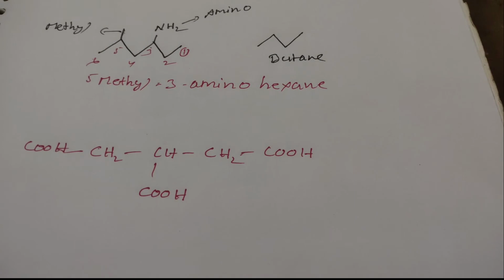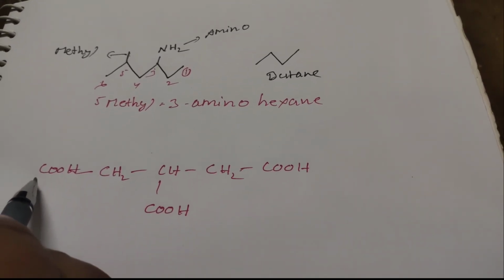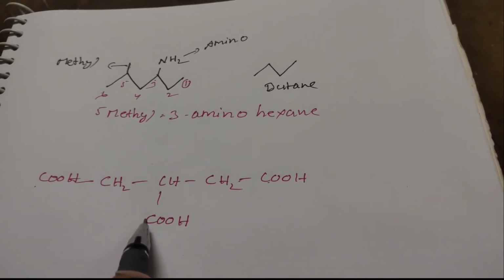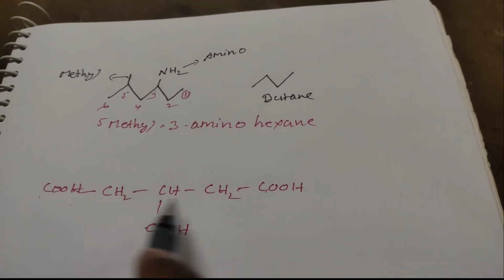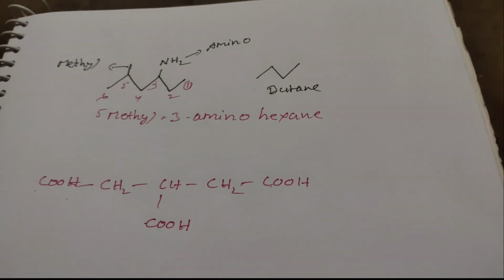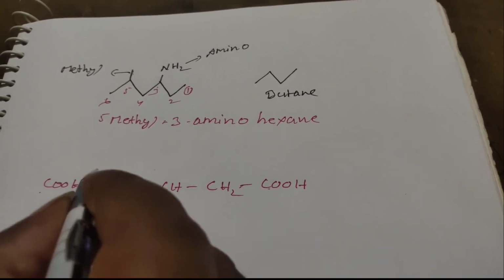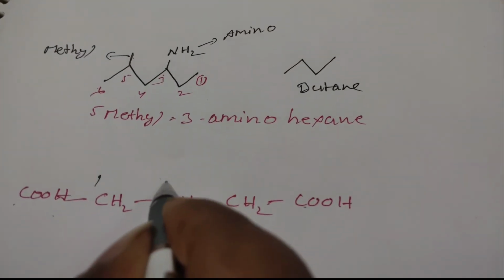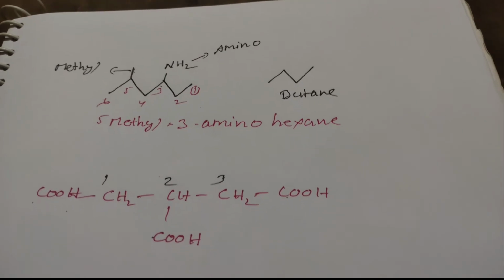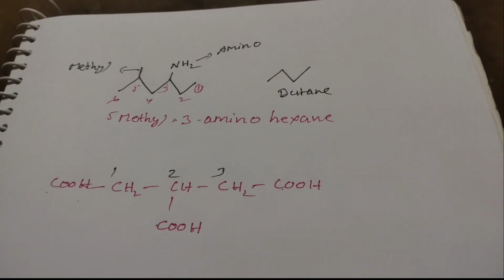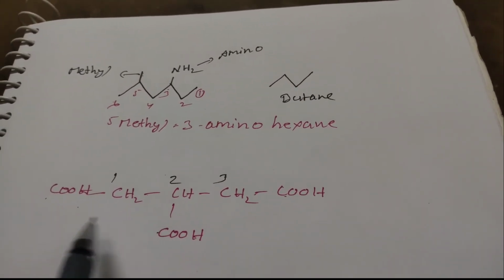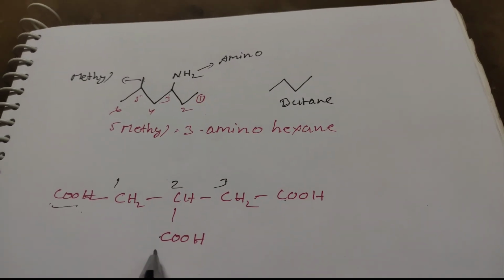Here also they have the carbon, and here also, and here also they have the carbon, but on each and every carbon, one acid group is present. That's why you can take only these three carbons, and I am giving the numbering 1, 2, 3. All the carbons have the same functional group, that is the acid group.